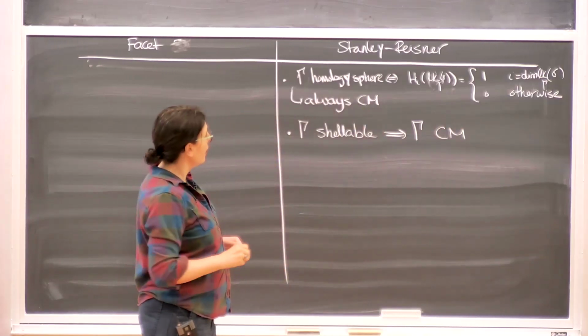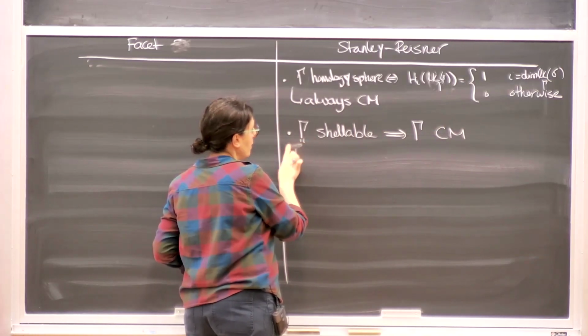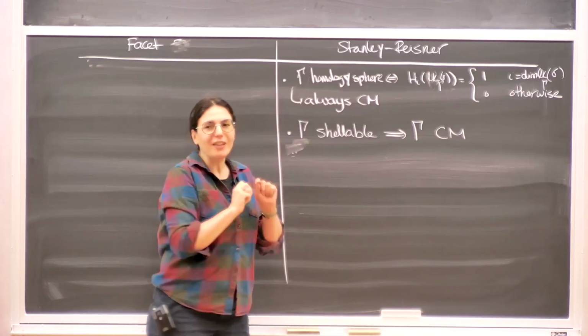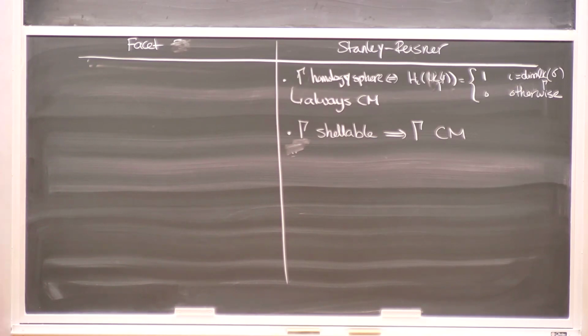What does it mean to be shellable? So suppose gamma has facets F1. Actually, no. I want to order the facets. It's shellable if I can order the facets as F1 to Ft so that each one of them is meeting the complex of the previous ones in codimension 1.